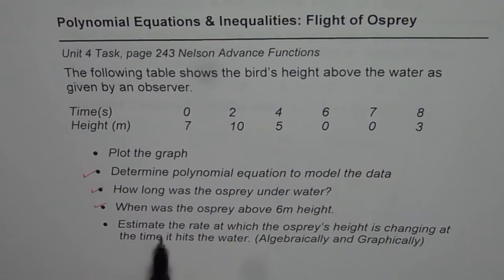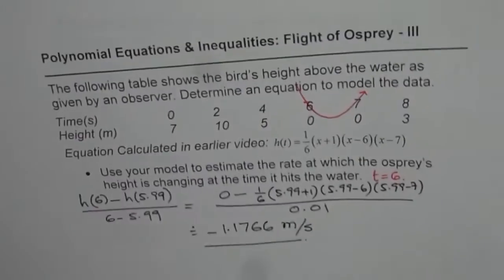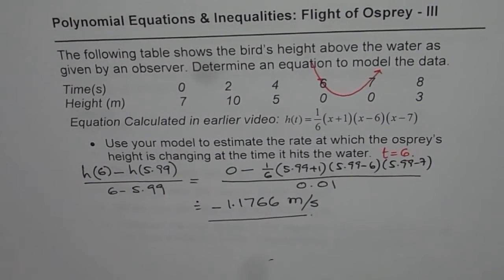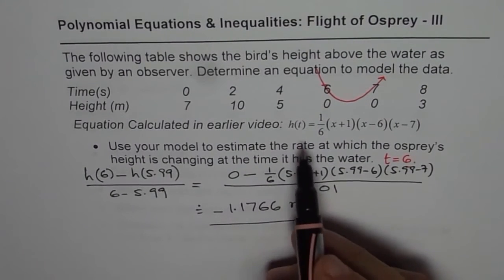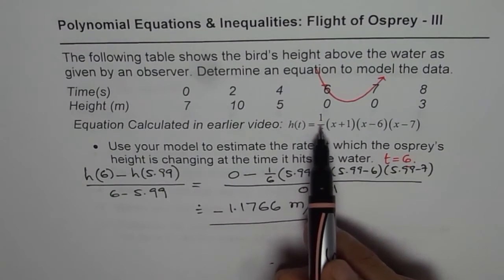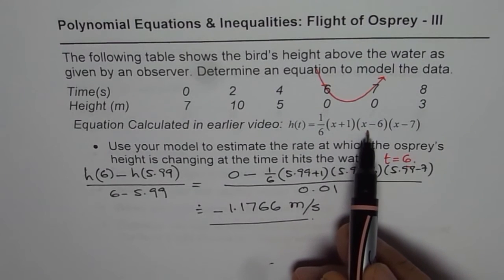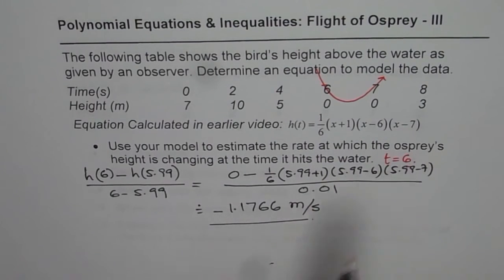And then we had to estimate the rate at which the Osprey's height is changing. Now that part, here is the solution. The next video had that part, that is, we applied our formula, the model, h of t equals 1 over 6 times x plus 1 times x minus 6 times x minus 7.